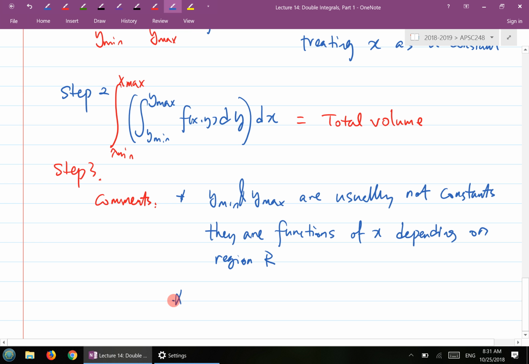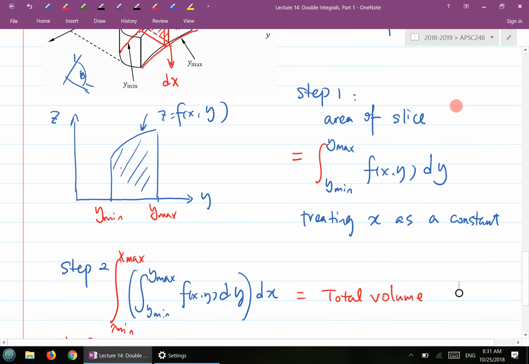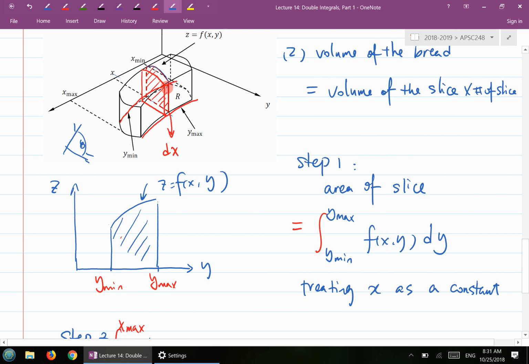Now what about x min x max? So the outer layer integral limits. Now if you go back to the way we're adding up all the slices here, basically we add all the slices from one end to the other end, and that requires finding the limits, the extreme values of the x from one end to the other end.